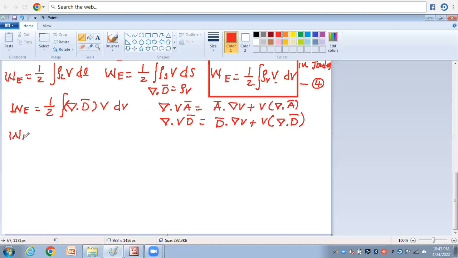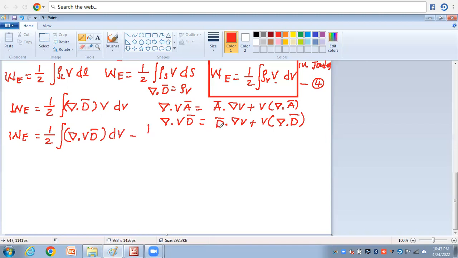Finally, WE, energy density in electrostatic fields, equals 1/2 integral of del dot (V D bar). I will substitute this expression as it is, with the volume dv, minus, and I will go to another one.